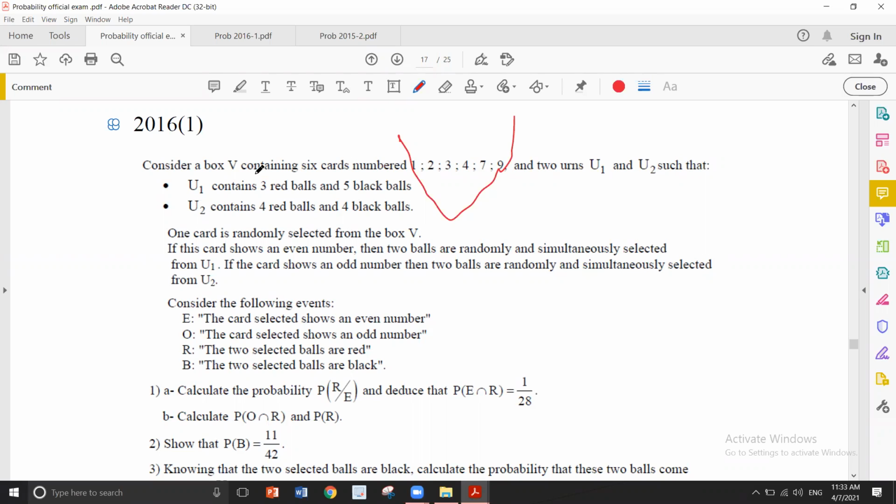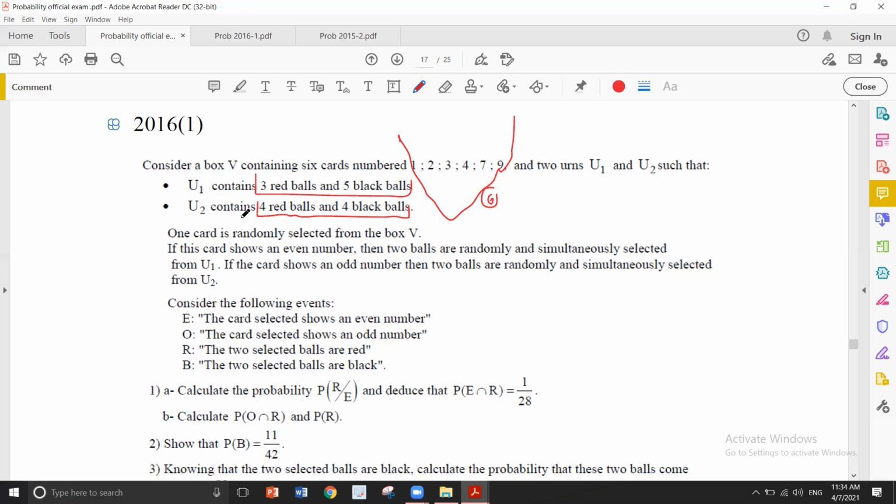Urn U1 contains 3 red and 5 black. Urn U2 has 4 red, 4 black. So in V we have 6 cards, and 8 balls in each of U1 and U2. So this is a description.